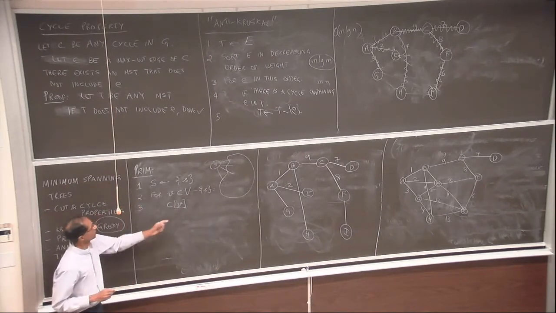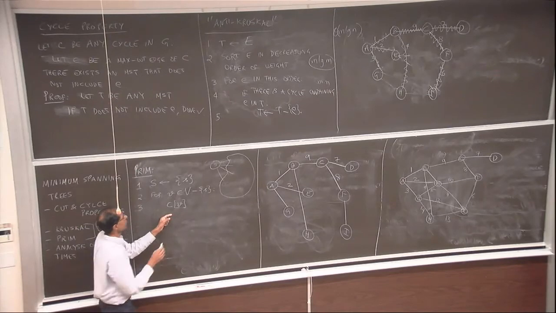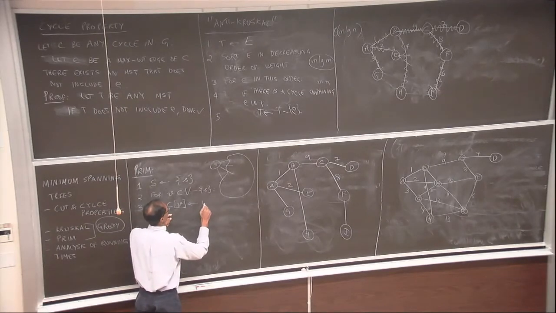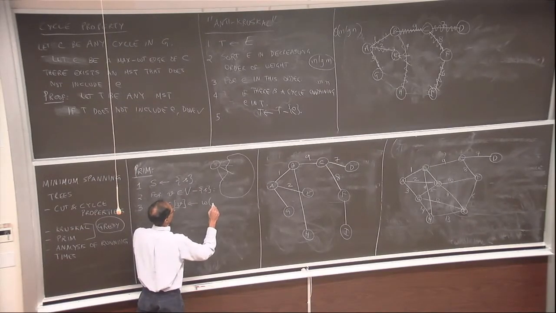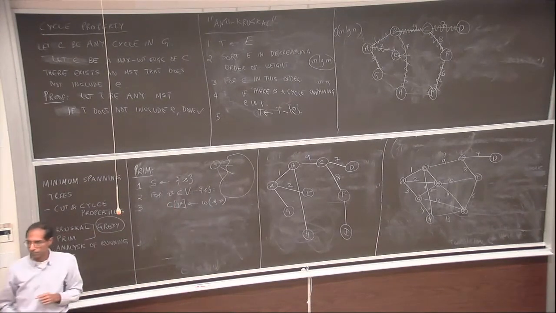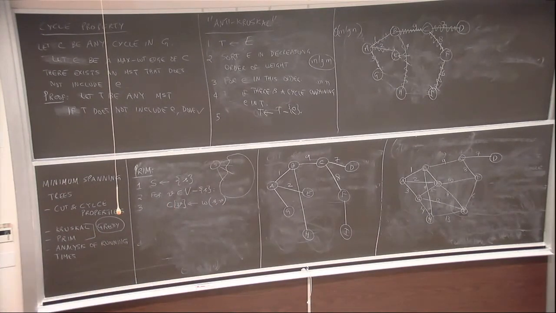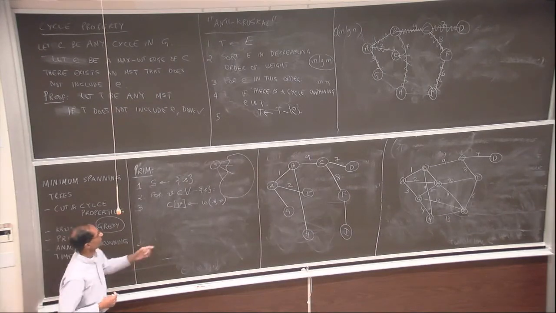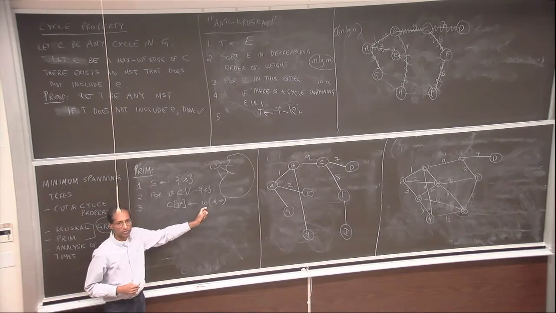We assign CV to be the weight of the edge going from S to V. If there is no edge from S to V, then the weight will be set to infinity. You basically want to indicate that there is no edge.